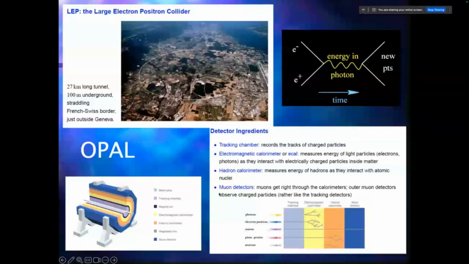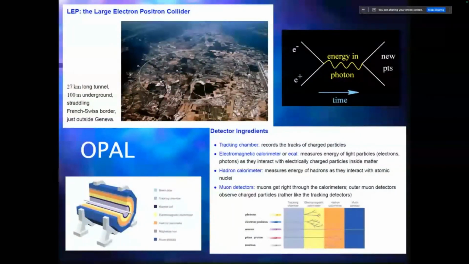So it's the first stopping layer. It's a bunch of lead, more or less, that tries to stop certain classes of particles and records the energy that they deposit when they are stopped. It's able to stop very light particles, such as electrons and photons, when they interact with charged particles inside this material.